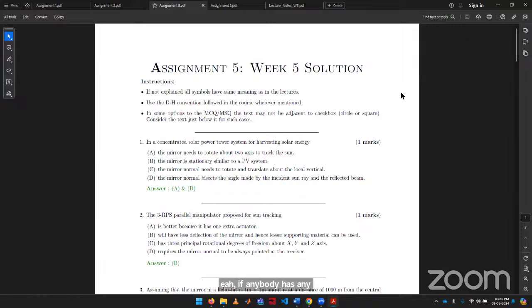And also another thing, those who have submitted assignments, can you check if you can see the comments or marks? I have already graded them. You can put it in the discussion forum.